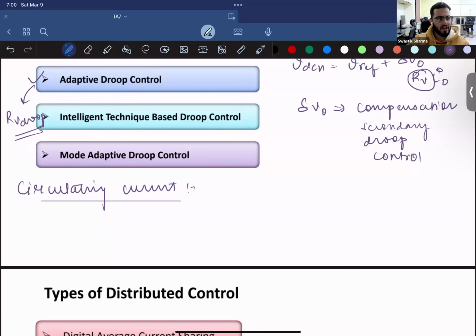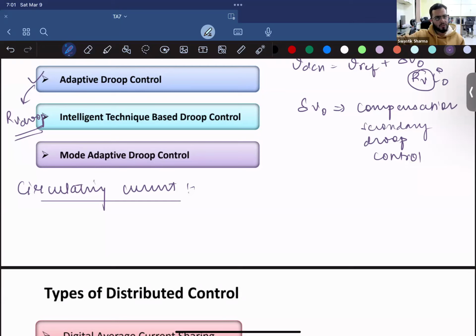Even if you're changing your RV based on how your DER responds, the lines connecting to the DC bus are different. These are natural, right? You can have different manufacturing defects or something like that. So your voltage drop will be unequal on different sides. If these voltage drops are unequal, currents will start flowing from a high voltage side to a low voltage side.